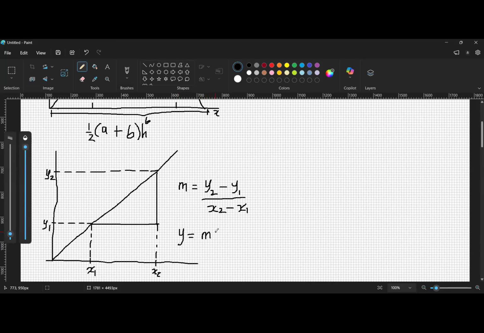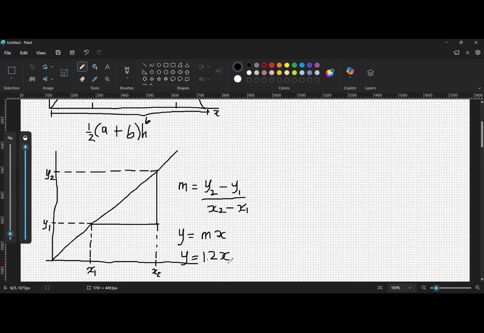The reason it is just mx is because I told you that the intercept c on the y-axis is 0. When you add 0 to something, it's as if it doesn't exist, so the 0 just disappears. So our equation for this graph is simply y equals 1.2x.